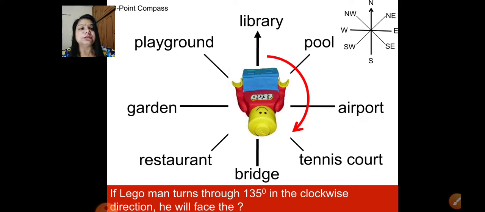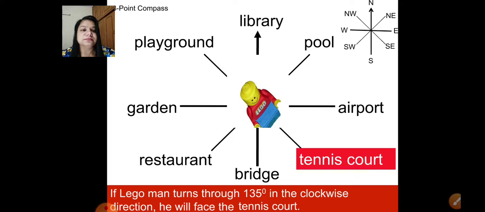So when he will turn 90 degree, he will reach the airport, and then with a 45 degree turn more, he will reach the tennis court. Okay. So 135 can be considered as 90 degree plus 45 degree. Right.